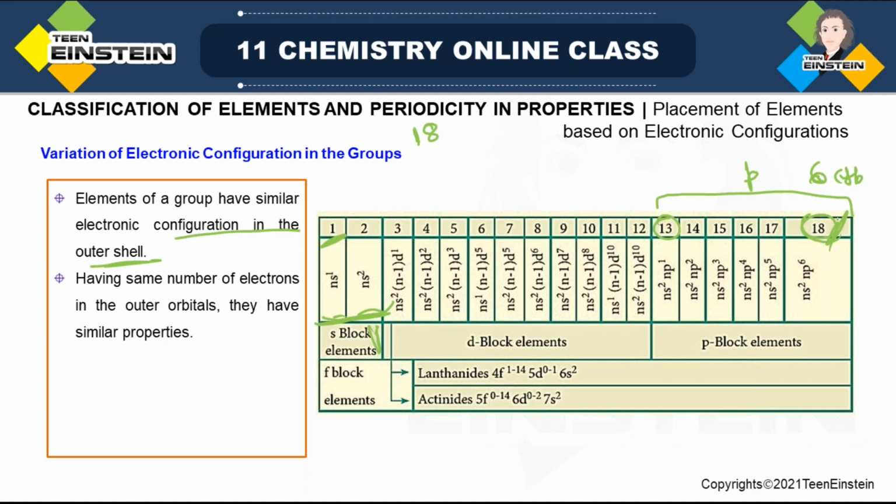So total 6 groups are present, and in between these two, that is the s block on the left hand side and the p block on the right hand side, there are groups starting from 3 up to 12. All these are present. Okay, so 2 groups here, 6 here, and in between these two there are total 10.